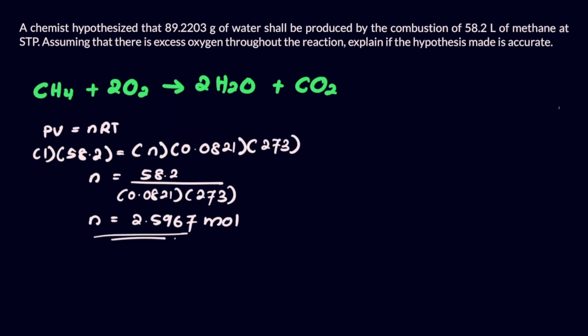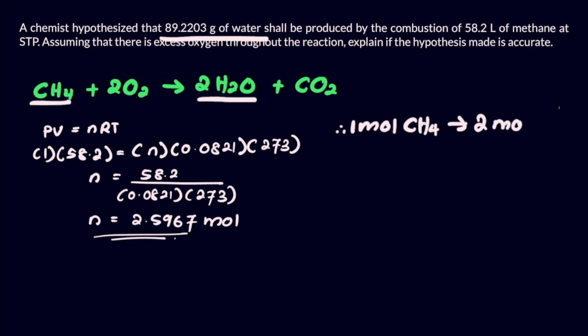Right, so the next thing that we need to do is write the ratio between the methane and also the formation of water, because it was hypothesized that this much of water shall be produced. So from the equation, we know that 1 mole of methane will produce 2 mole of water, right?